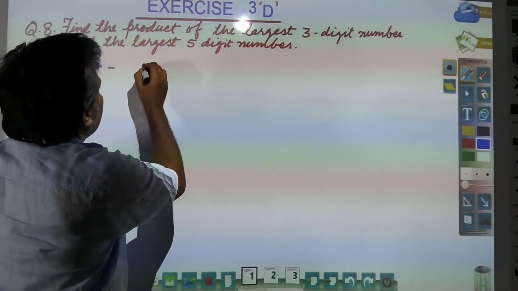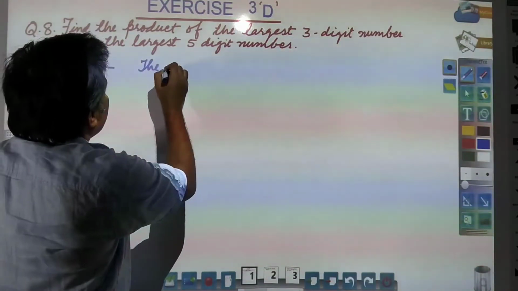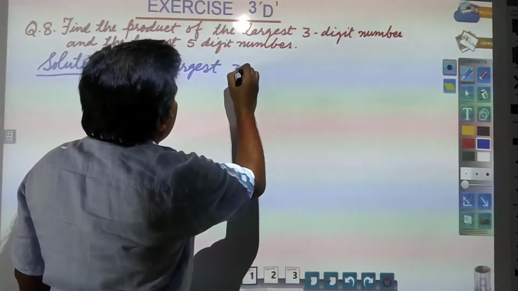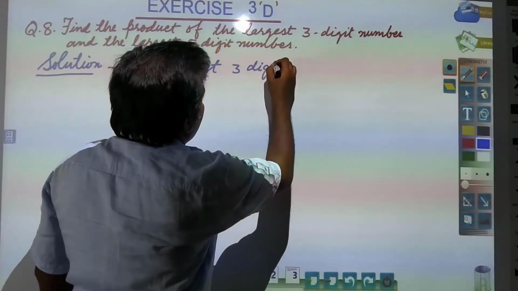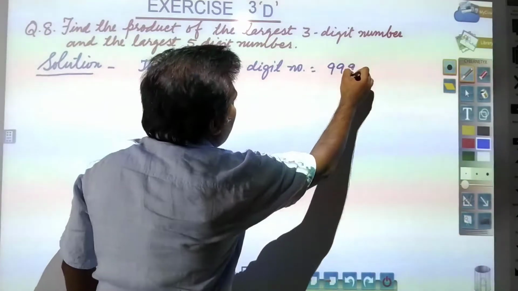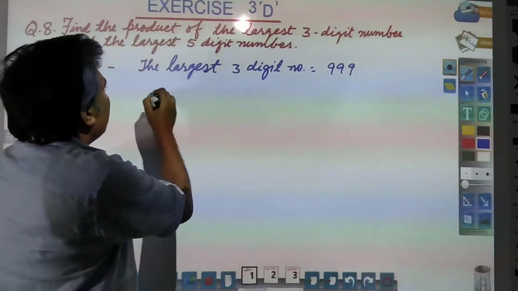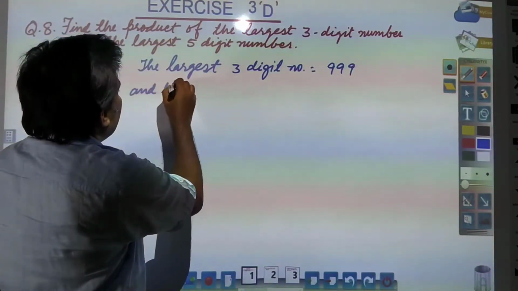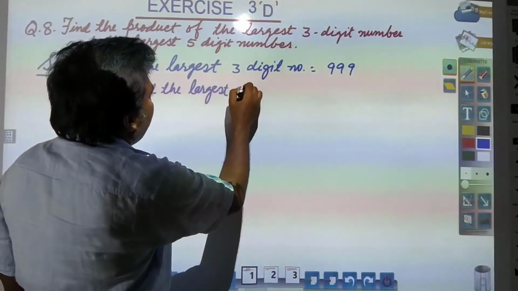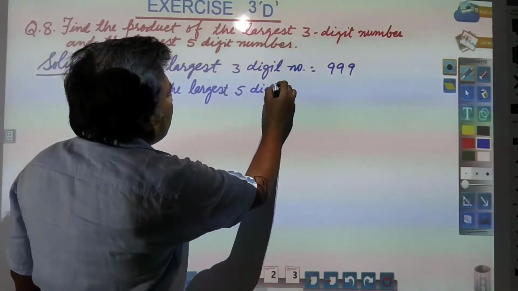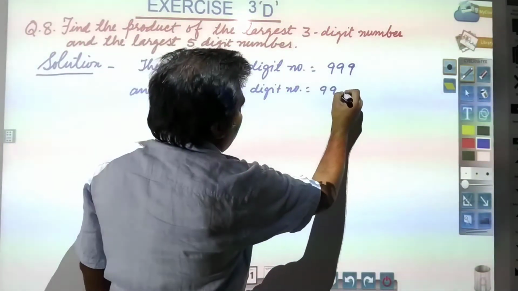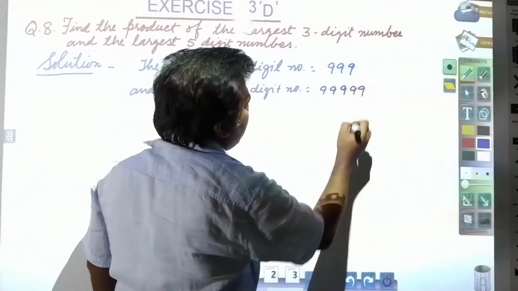We will write the largest 3-digit number is equal to 999 and the largest 5-digit number is equal to 99,999.